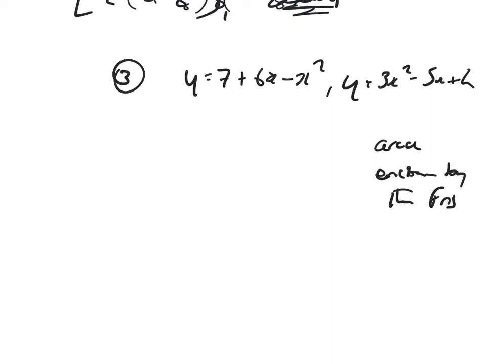First of all, this function has a minus x squared, which means it must be concave down. And this function is positive x squared, which means it must be concave up.